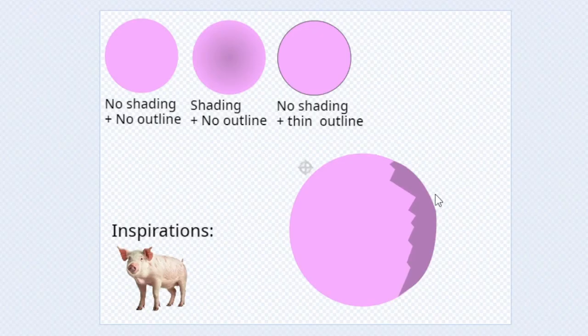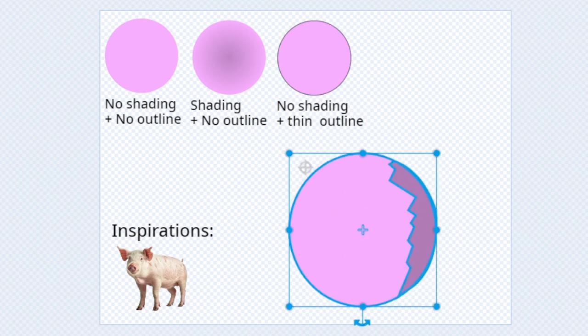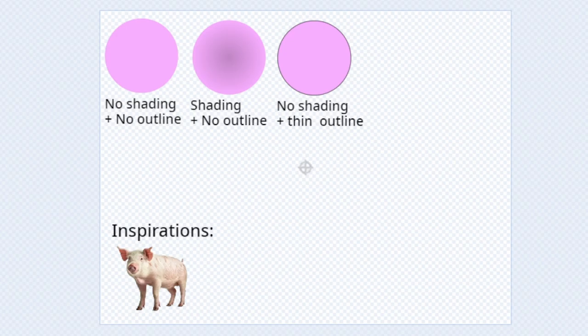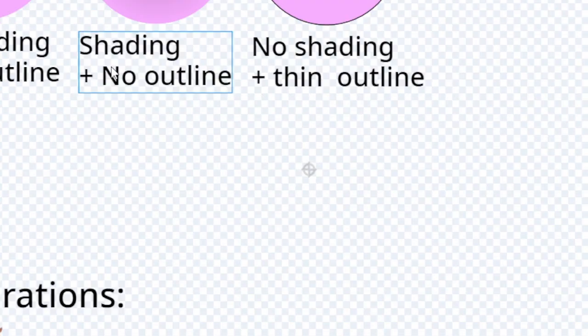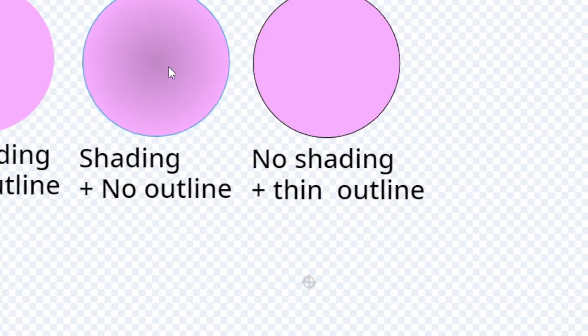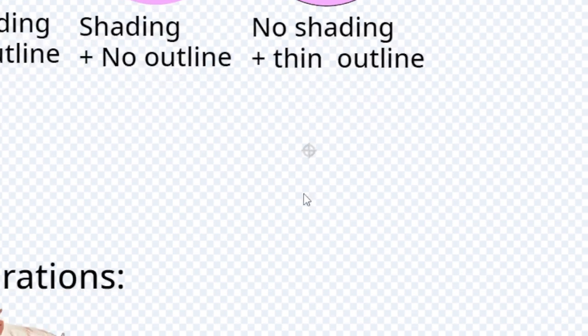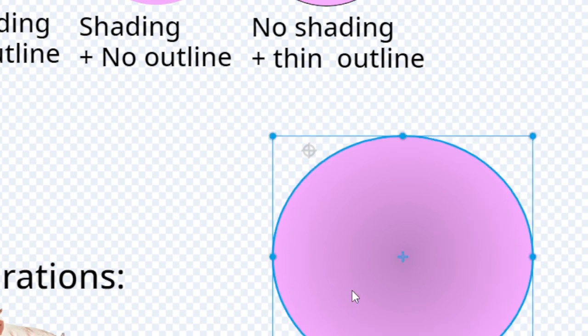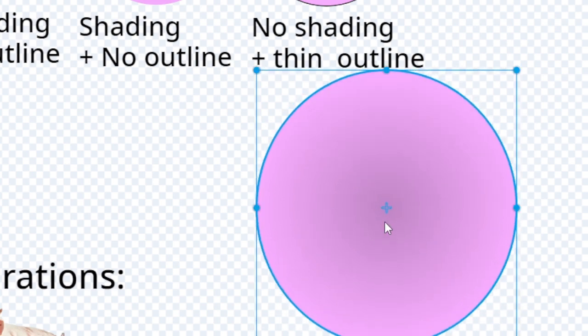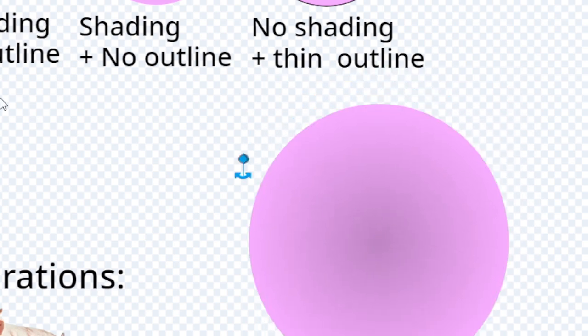Yeah, it's kind of hard to shade, but this is the hard version of this. The next one is going to be easier, which is shading plus no outline. So this one is going to be simpler. So we're going to make a circle, and we have this, which is more shady stuff.